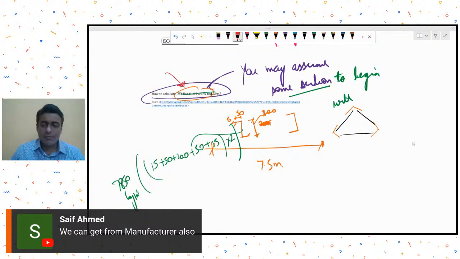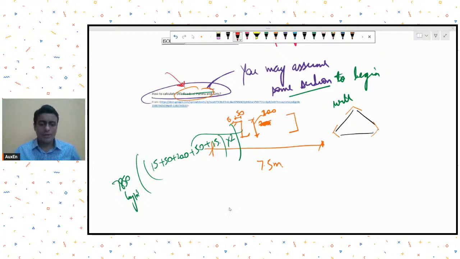Of course, that cannot come before you do the analysis and design calculations. But after doing a lot of work, you will get a sense that for this much span and this type of wind load, this sort of purlin or this type of girt shall be sufficient. So you need to assume some section to begin with. I hope you got it.